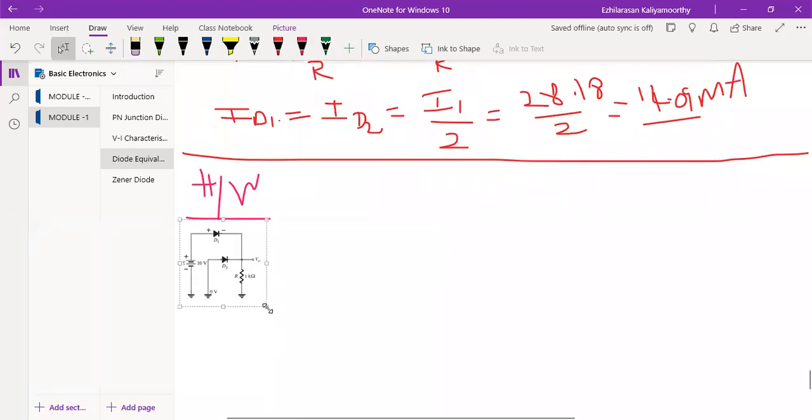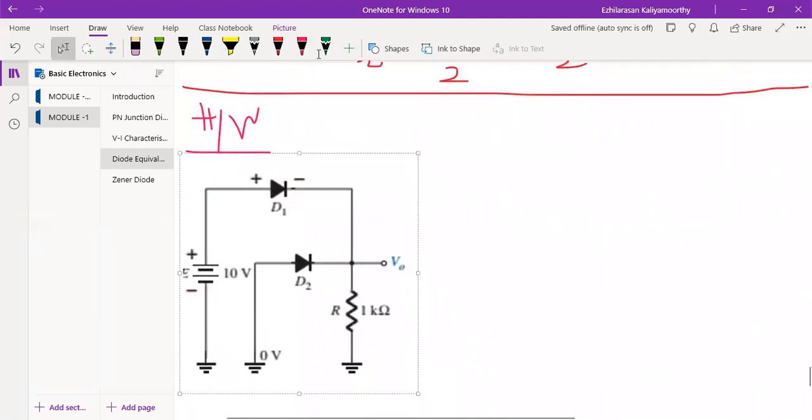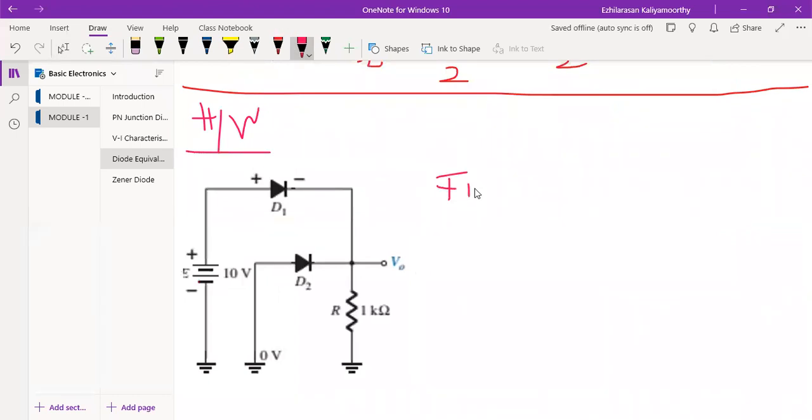First is this, take this figure. From this, you need to find V naught. I will give the answer also. It will be easy for you to check your answers if I give V naught.